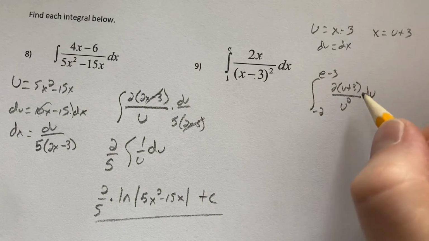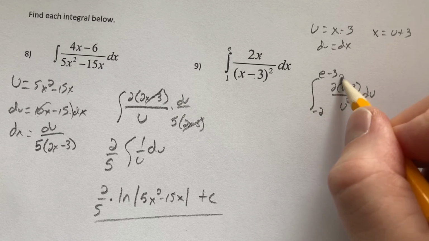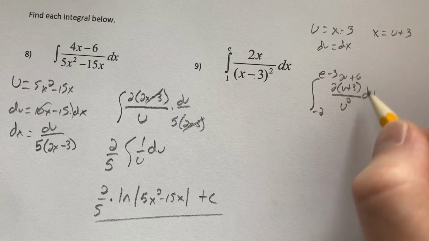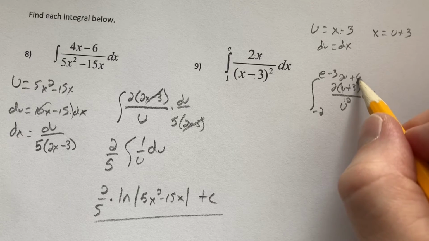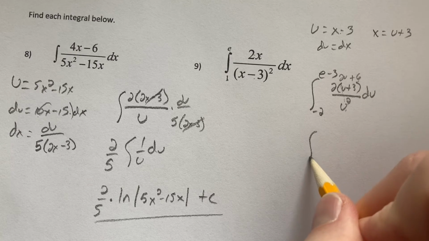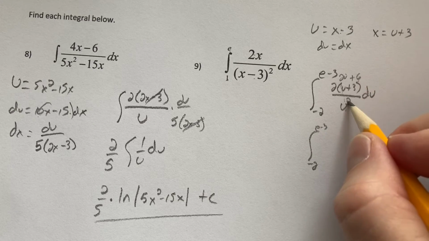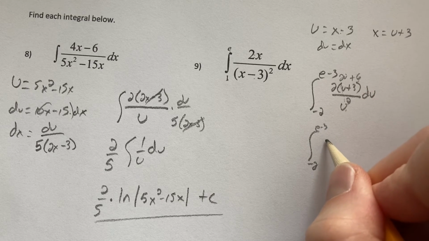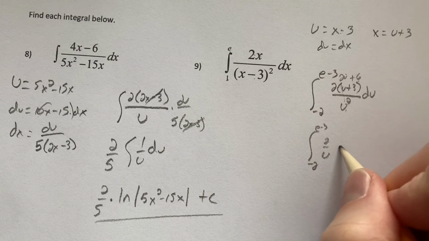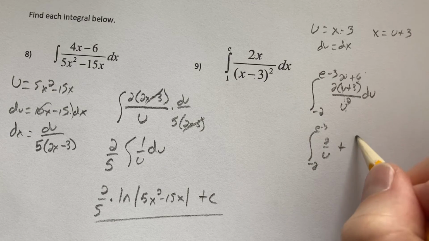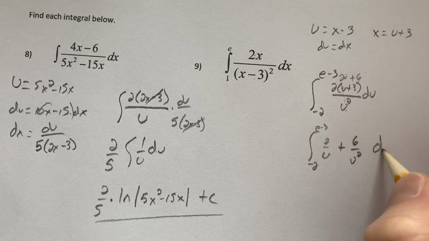All right, now, got a little bit of work to do. This is 2u plus 6. And what I'm going to do is divide both of those by u squared. So what ends up happening is I get 2u over u squared, which is 2 over u, and then plus 6 over u squared du.